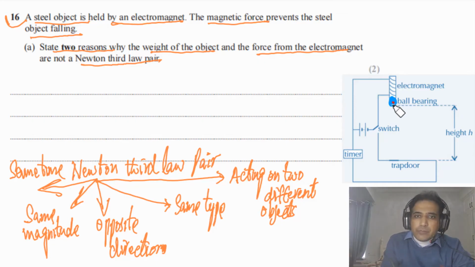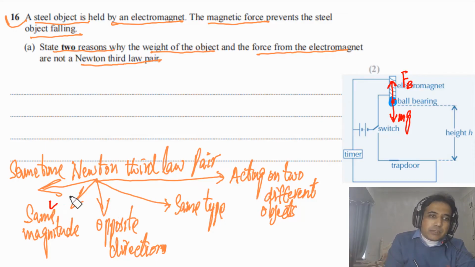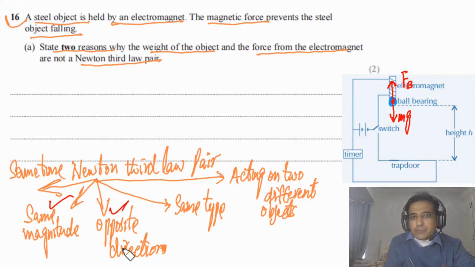One force is the weight, mg, the force due to gravity, acting down, and there is a magnetic force, Fb, acting upwards. These 2 forces are equal in magnitude and opposite in direction, so these 2 conditions are satisfied.